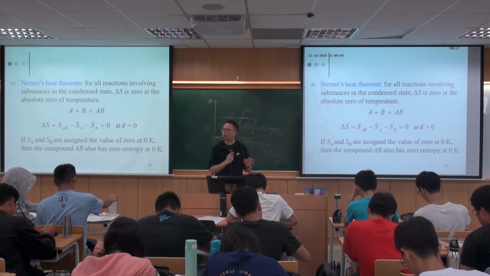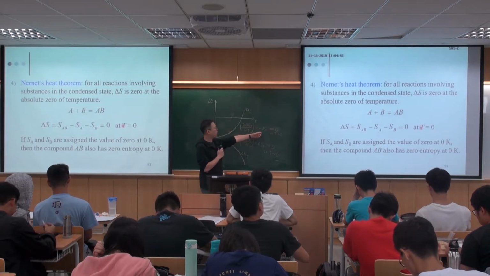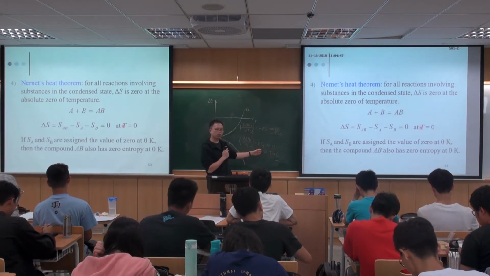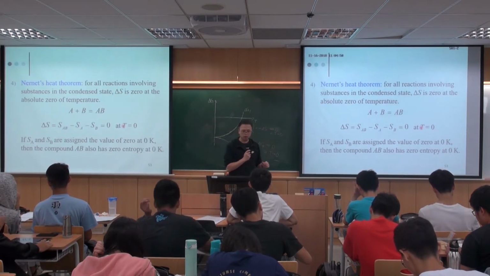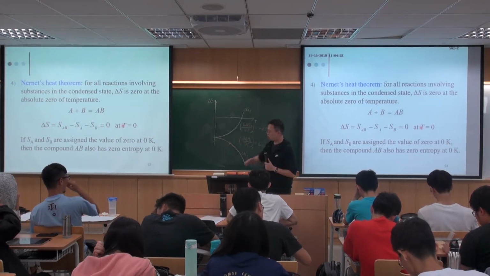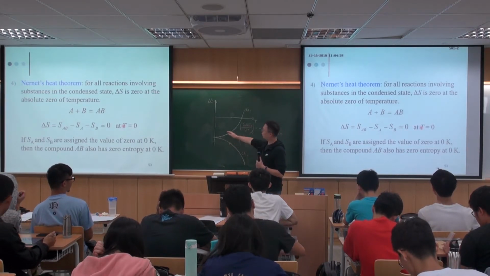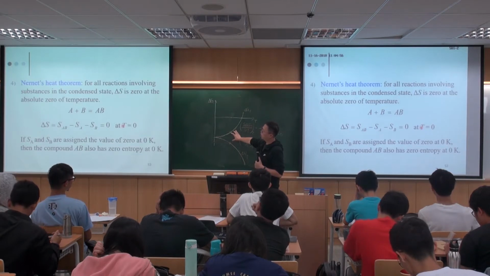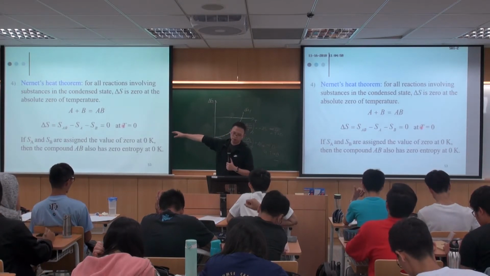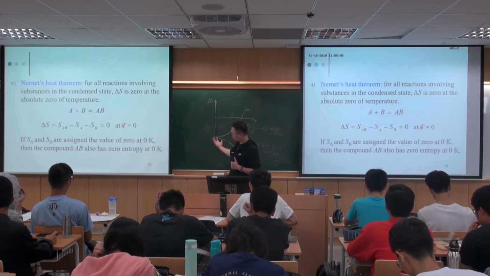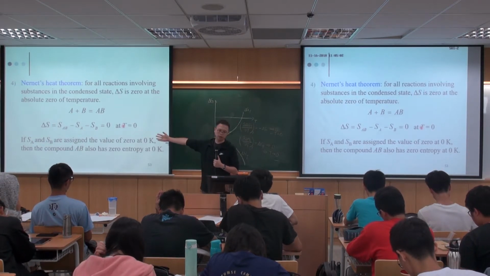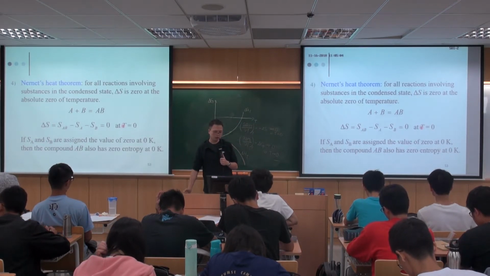Because that's the case when delta S is approaching 0 and delta Cp is approaching 0. Okay. So these are just the mathematical arguments based on the experimental results. But this is more like a theorem. So based on these experimental results, Nernst postulates that this is the case.